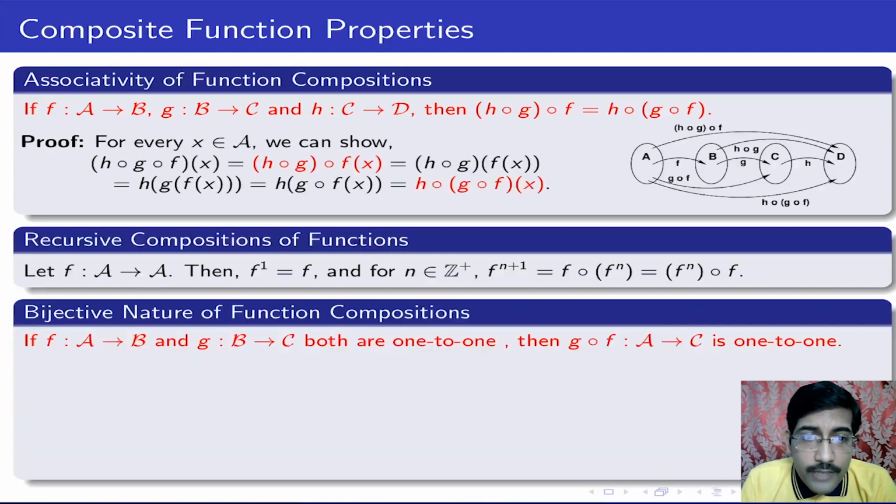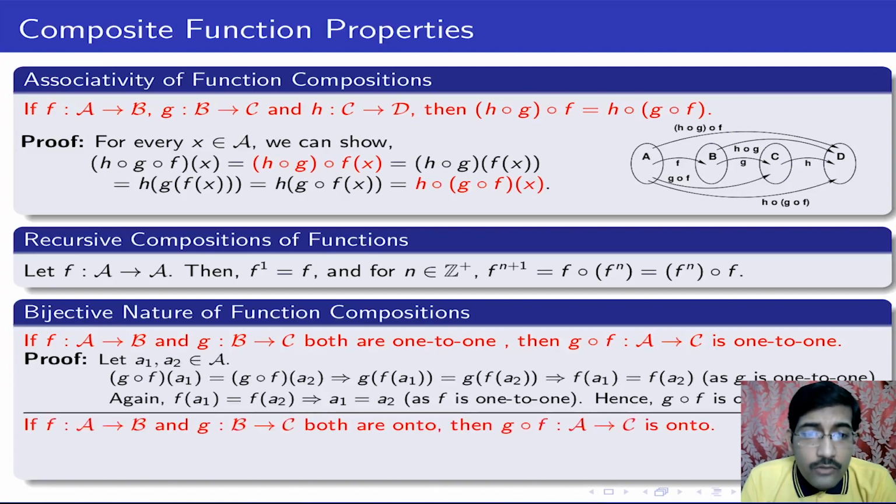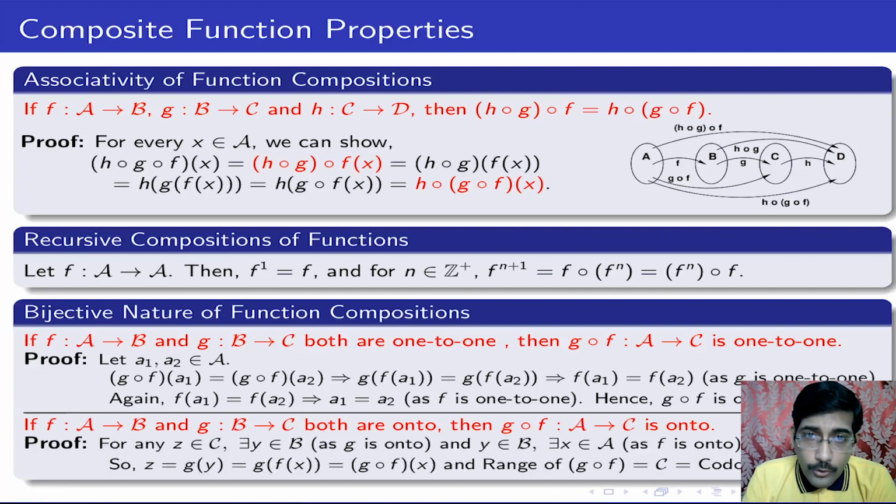We have also proven that if two functions f and g are one-to-one, the composed function g∘f is also one-to-one. Further, if both are onto, then the composition will also be onto.